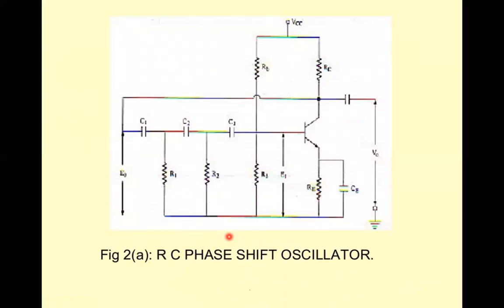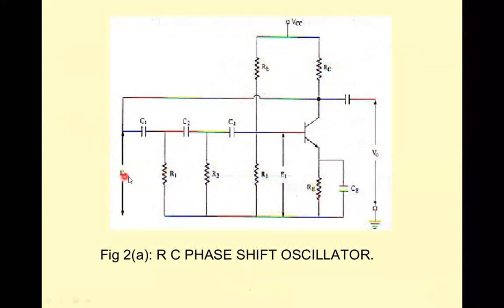When the circuit is switched on, it produces oscillations. The output E0 of the amplifier is again given as feedback to the input of the RC network. So the output E0 of the amplifier is fed back to the RC feedback network.